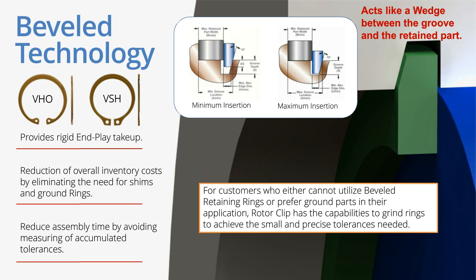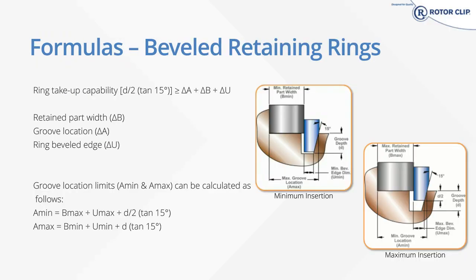A couple of general rules for beveled rings. When you locate your groove, you want to make sure that the ring is seated at least halfway into the groove and does not bottom out in the groove. If the ring bottoms out, you can't guarantee that your retained part is tight against the retaining ring.